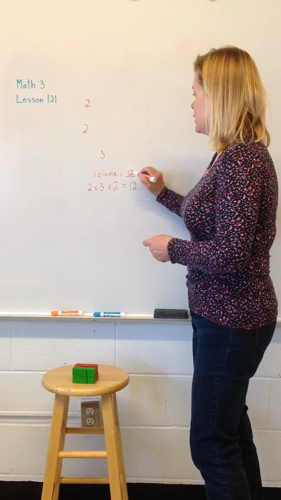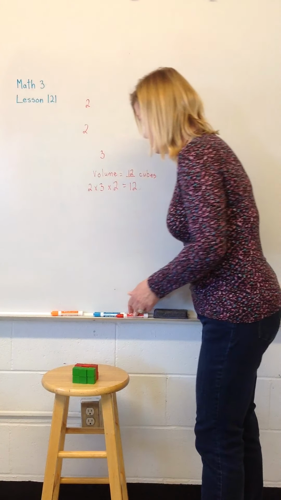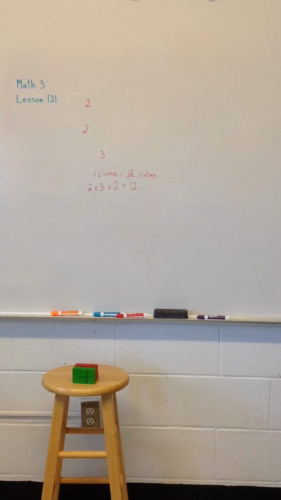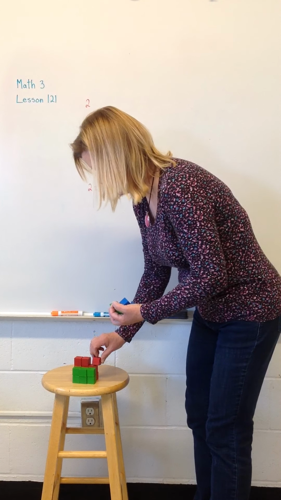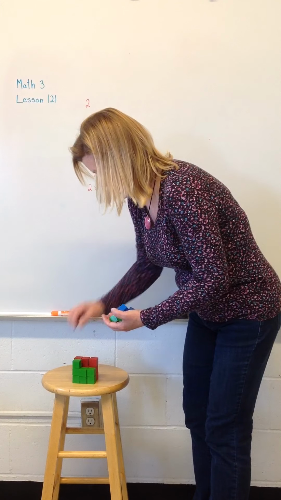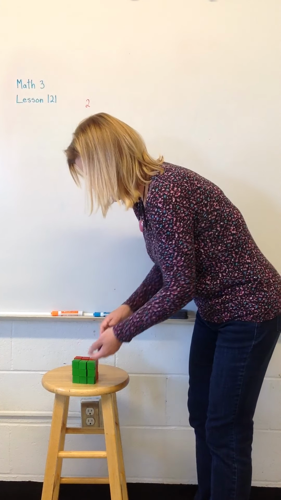Okay, I need to get example 3 done for you. I need a few more cubes. Okay, so here's this layer. And we have this layer. And I need to add a third layer.